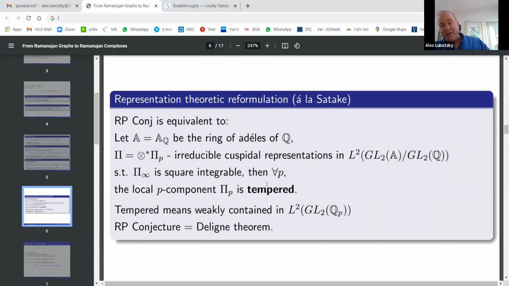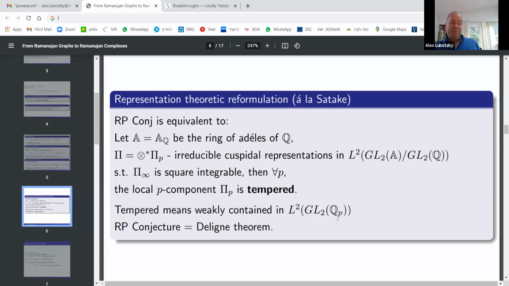So it's the same phenomenon here, that a representation which appears in the quotient really appears also upstairs. And this is really the essence of the Ramanujan conjecture. So Ramanujan graphs are a kind of representation theoretic appearance of the same philosophy. Okay, if you are familiar with this language, it might help you. If not, it's a kind of justification for the name.